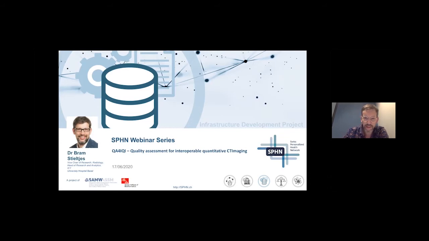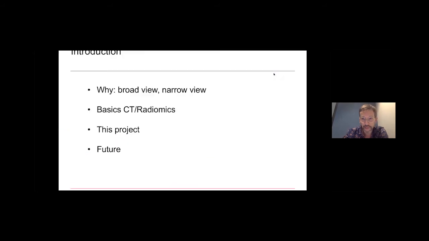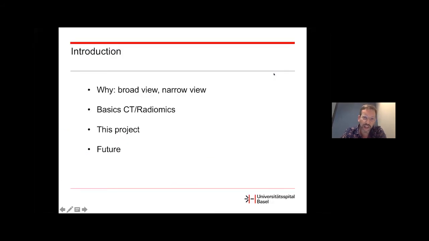Let me get started with that. I will try to give a broad view and a narrow view. Then specifically, for those of you who have nothing to do with CT and radiomics, I will try to explain a little bit what it is and why it is important to this project.